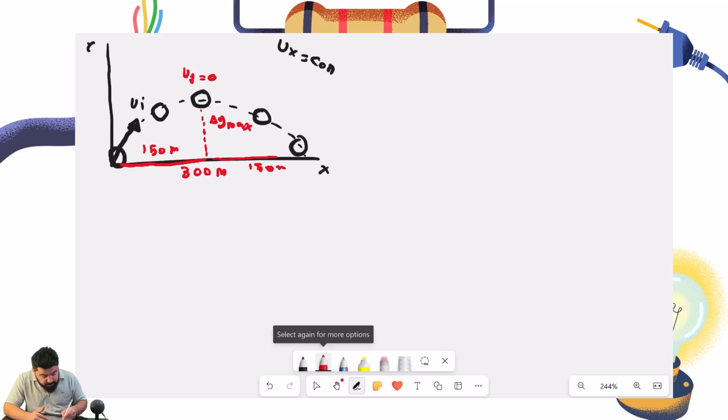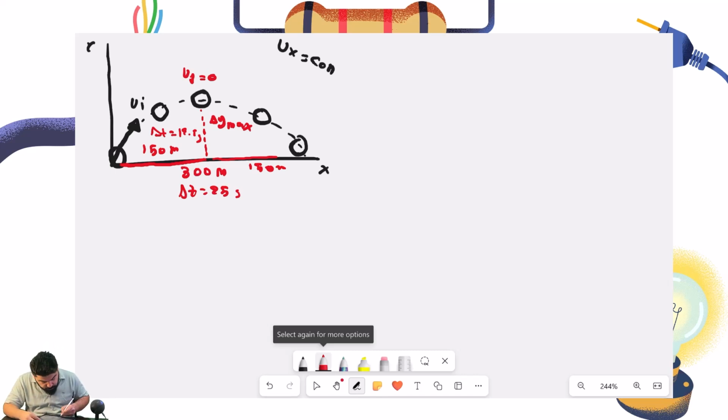Now if delta t is equal to 25 seconds, then at maximum height delta t is equal to 12.5 seconds. Be careful, so it's half when the object is reaching maximum height.